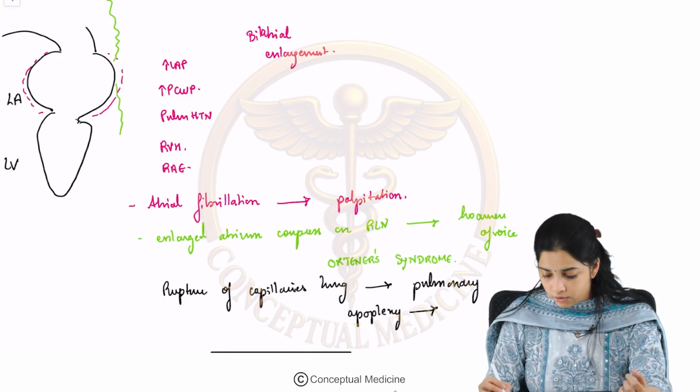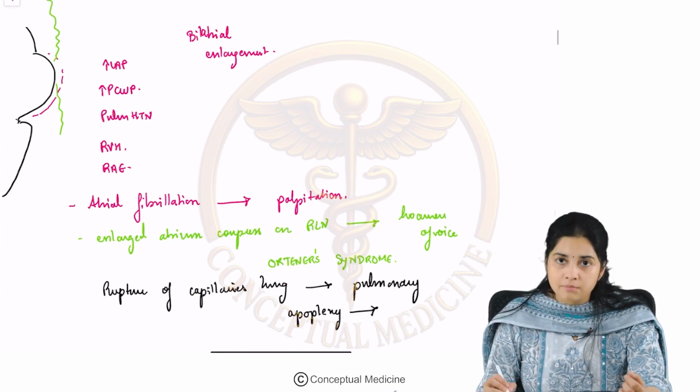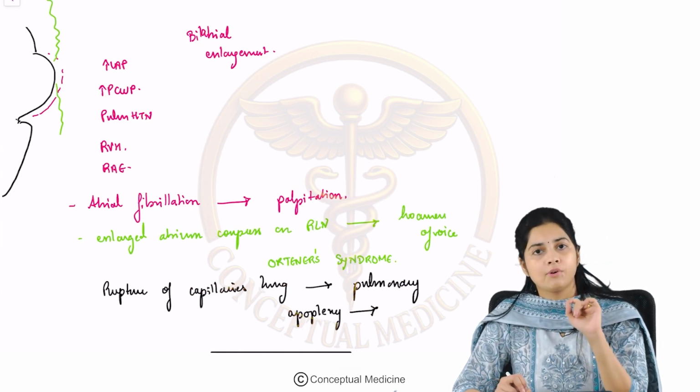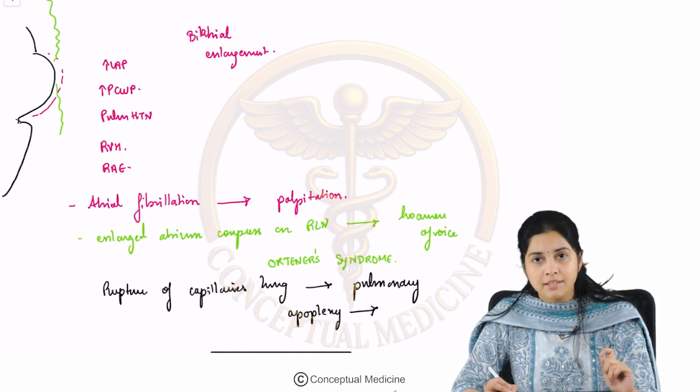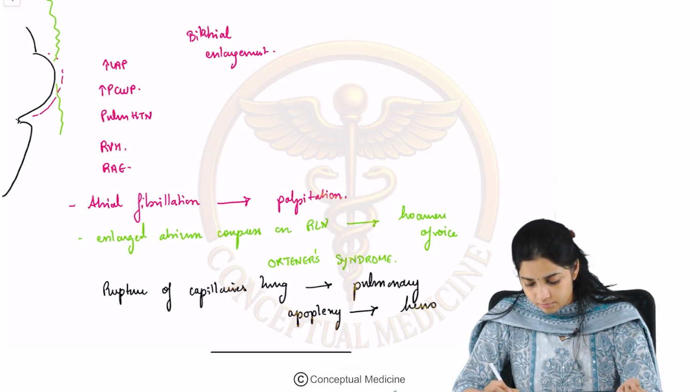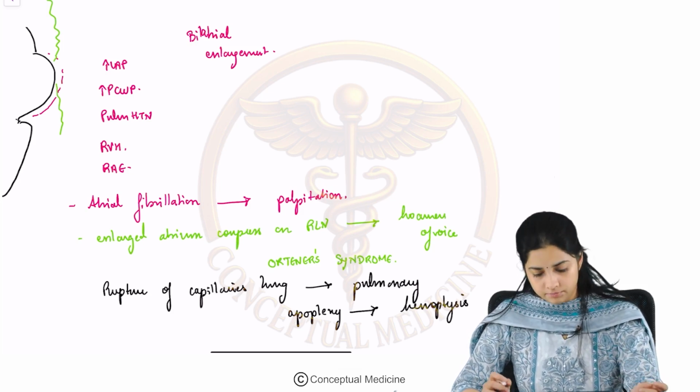Pulmonary apoplexy causes a very important symptom, which is the cardiac cause for hemoptysis. So pulmonary apoplexy results in hemoptysis or development of blood in the sputum.